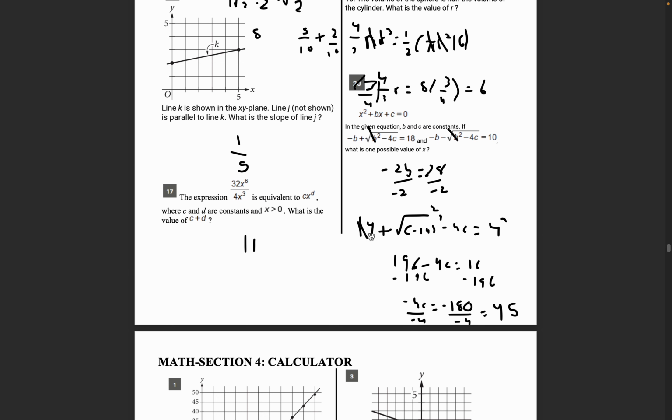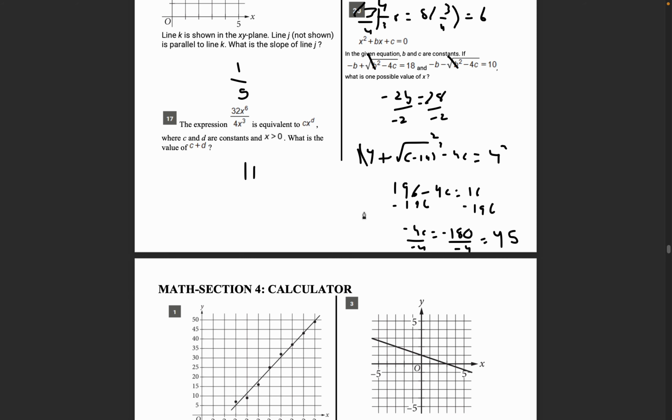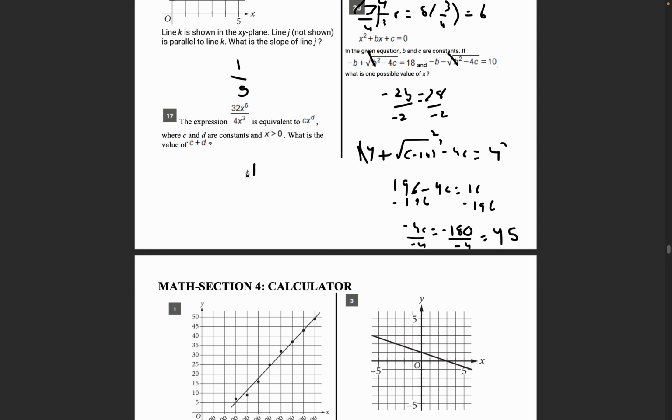And then, okay, it was this last one, right, that I could go over. Okay, so what I did here, let me just extend the work out. Let me put this one like 11 right here. So what I did, -b plus the square root of b squared minus 4c equals 18.